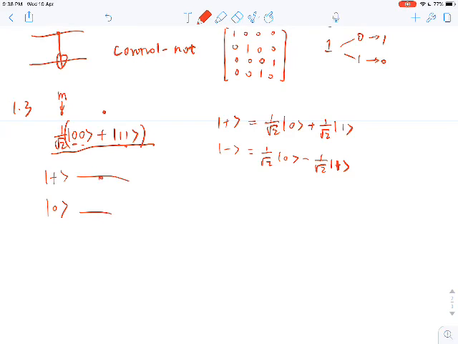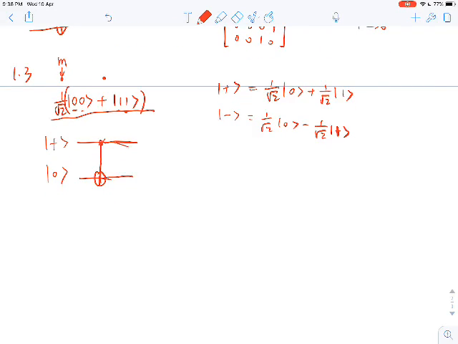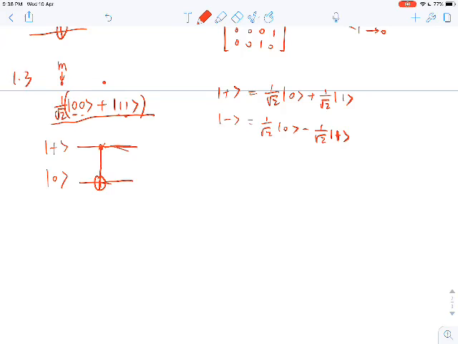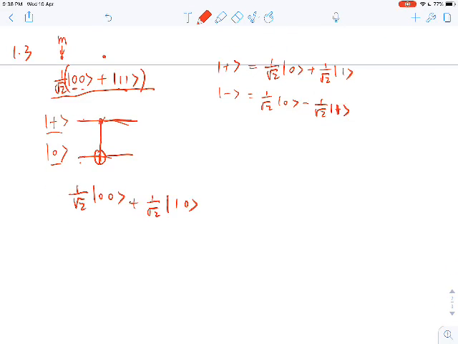And therefore we can produce the entanglement state. And let's write the plus and 0, the state here is 0, 0, and 1, 0, right?